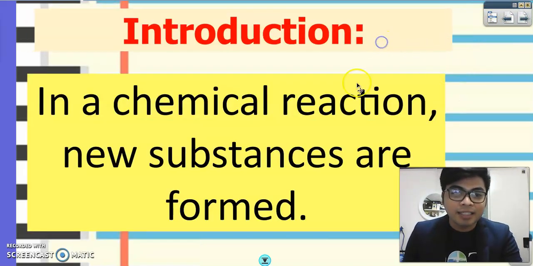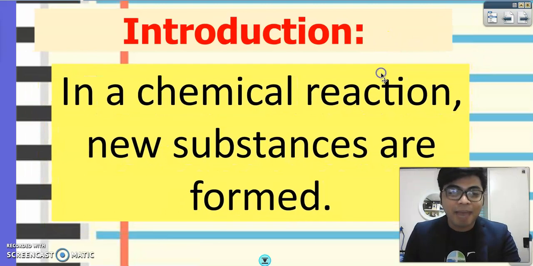As an introduction, we have chemical reactions, and we did this already in the laboratory. You would know that it is a chemical reaction because there are newly formed substances. We experienced that in the laboratory, and we formed new products.